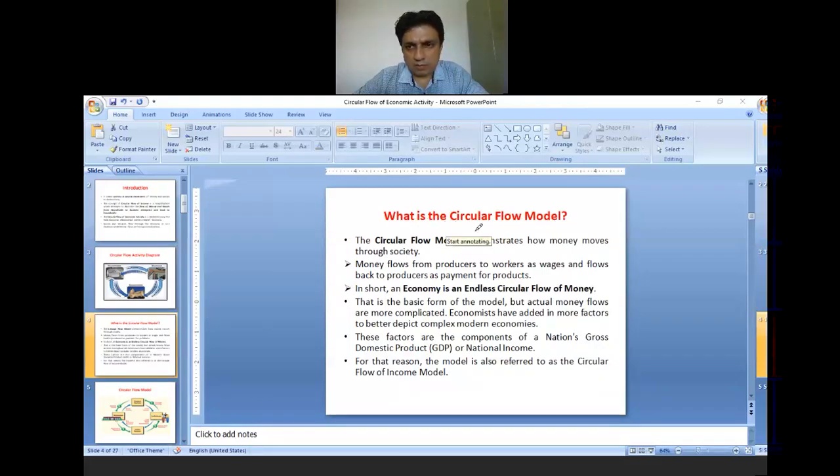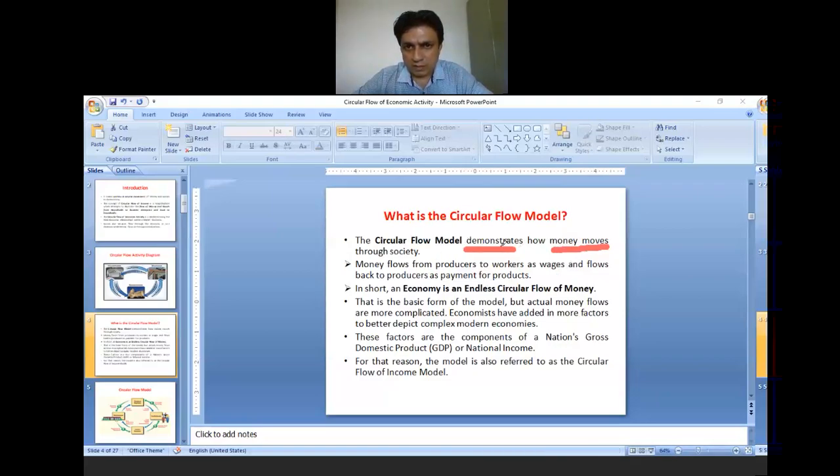So what is the circular flow model? So basically the circular flow model demonstrates how money moves through society. Actually in the last diagram we see that the money is transferred from one component to the other, and in return the money also goes through the circular flow.